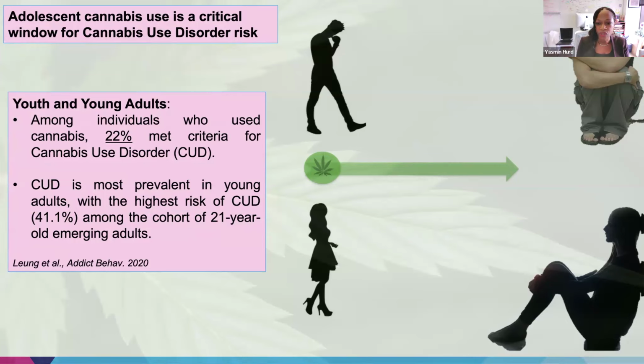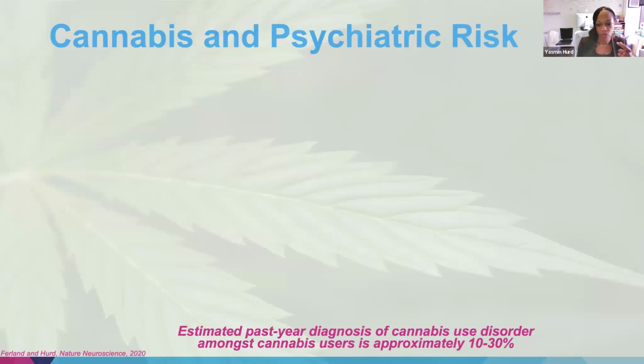So the earlier you start using, the earlier your chance of developing cannabis use disorder. But across all ages, approximately 10 to 30%, depending on the subpopulation, will develop a cannabis use disorder. That also means that not everyone who consumes cannabis develops a cannabis use disorder.